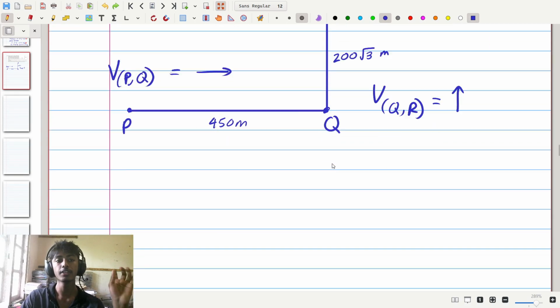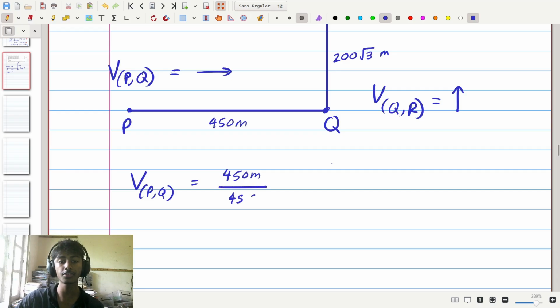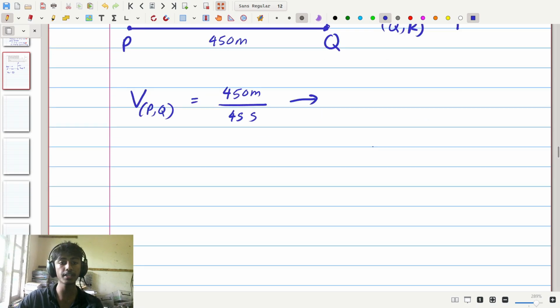According to that, since the velocity has the same direction as the distance here, we can say the velocity of P relative to Q will have the magnitude of the total distance of 450 meters divided by the total time of 45 seconds in that eastward direction. So simplifying, we get 450 divided by 45, which is going to cancel this and this, giving us 10. So we get 10 meters per second in the eastward direction.